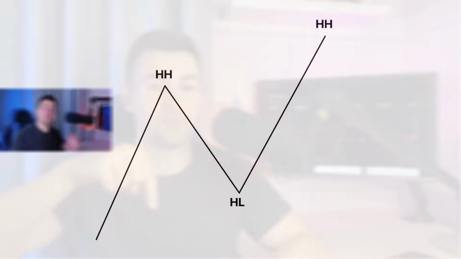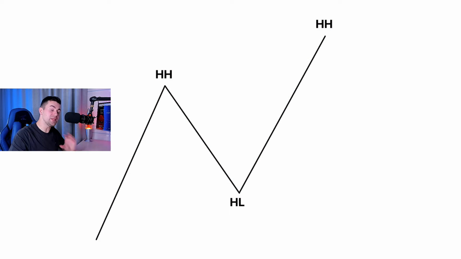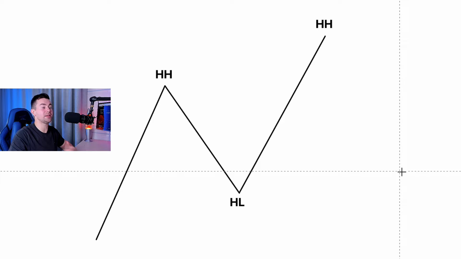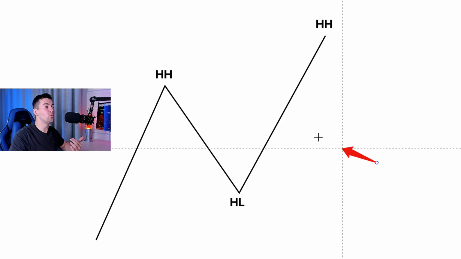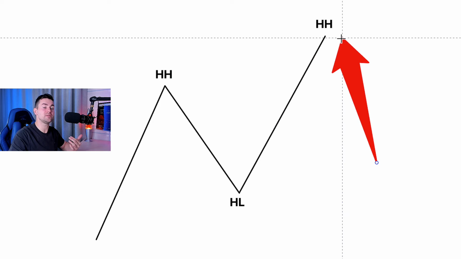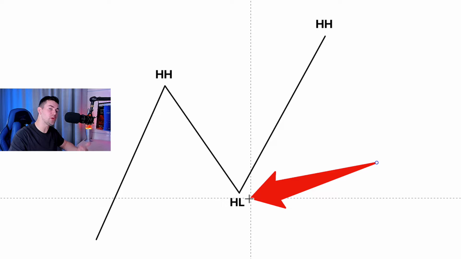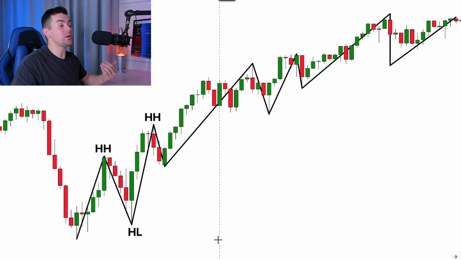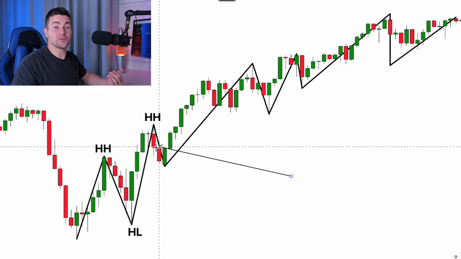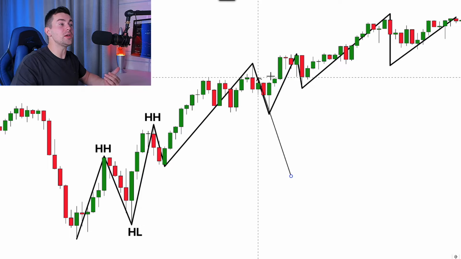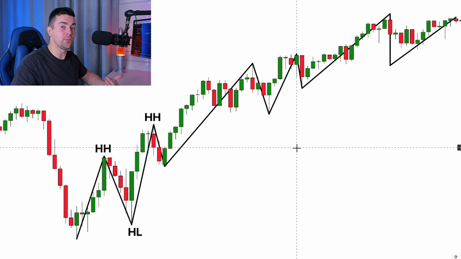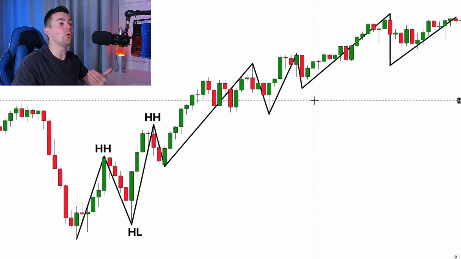A similar logic will be applied for the identification of a bullish trend. Smart money traders believe that in a bullish trend, the market should set at least two consequent higher highs and a higher low between them. Once such a pattern is spotted, you can make a conclusion that the trend is bullish and you can anticipate a further bullish continuation with new higher lows and new higher highs.